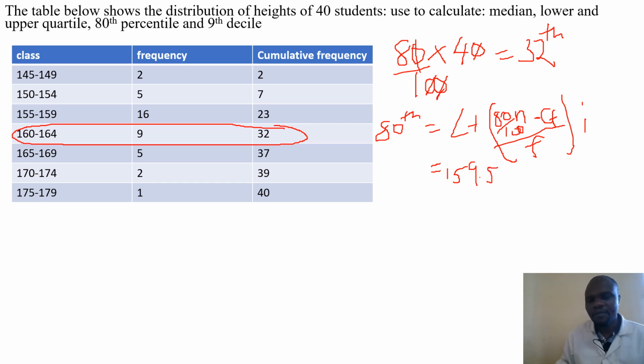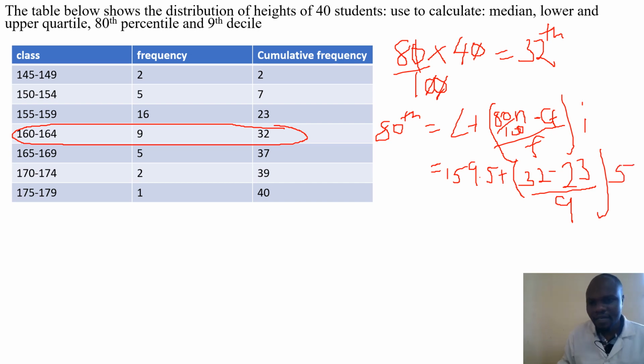then plus, here I'm going to have the 32nd, that is 32, minus the cumulative above, which is 23, divided by the frequency of that class, which is 9. Then all these I multiply by 5.